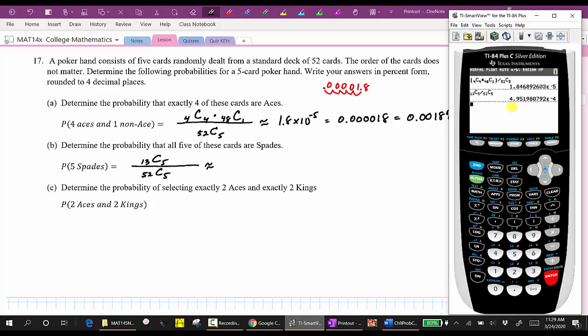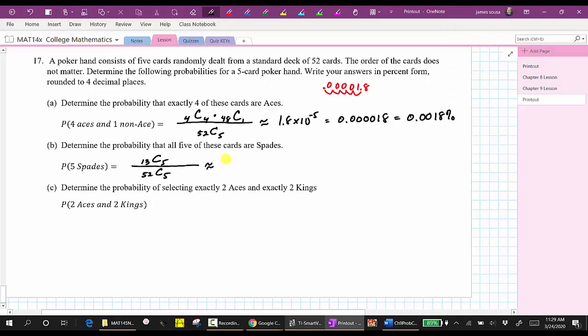But let's first write 4.95 times 10 to the power of negative 4, which is equal to 0.000495, which as a percentage is 0.0495%.